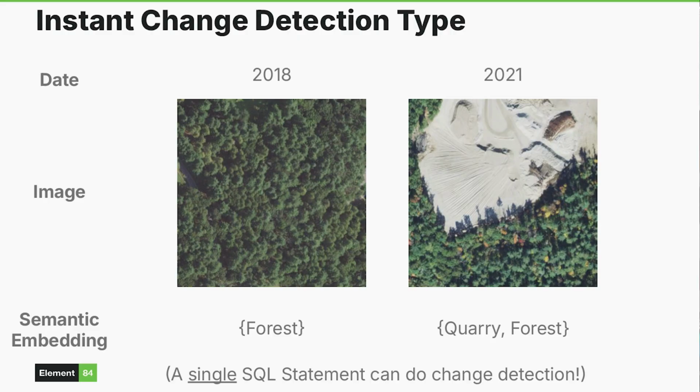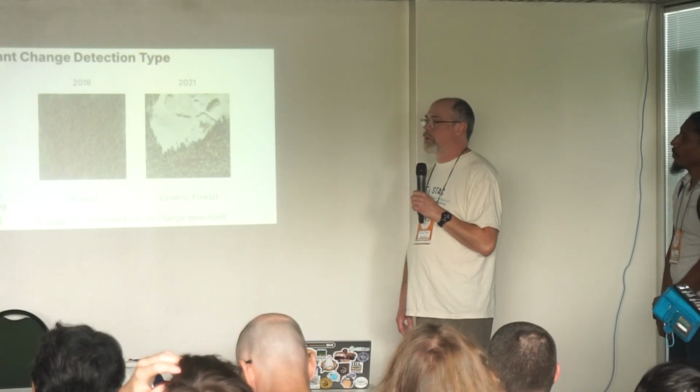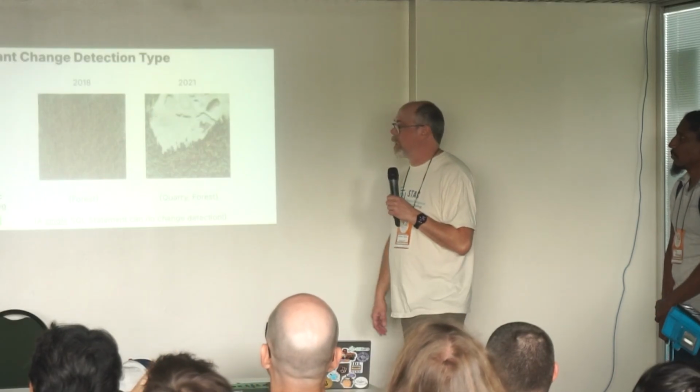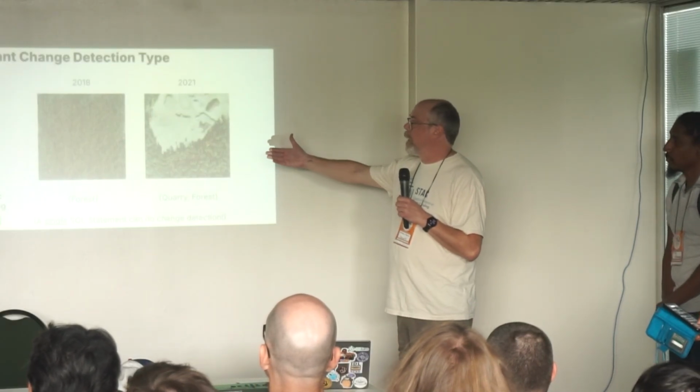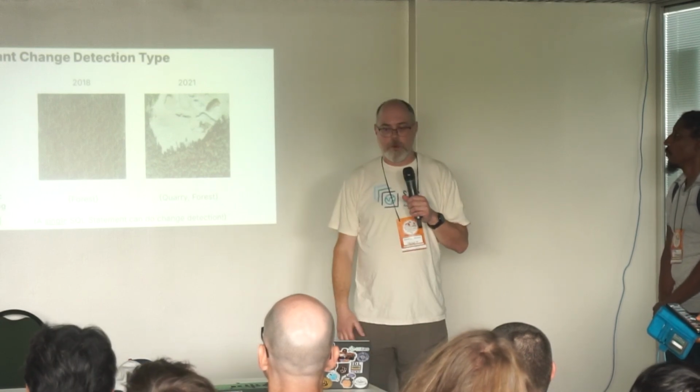This also has some implications for doing change detection. If you have all of these vector representations in a vector database, then you could use a SQL statement in order to calculate large areas of change between multiple years, for instance. In this case, we see between 2018 and 2021 that some of this forest has been turned into a quarry.